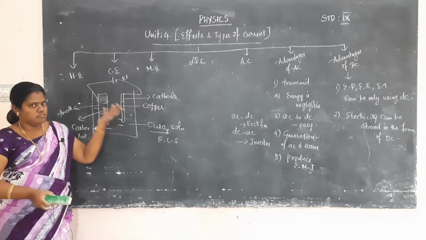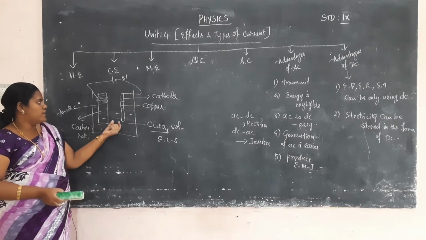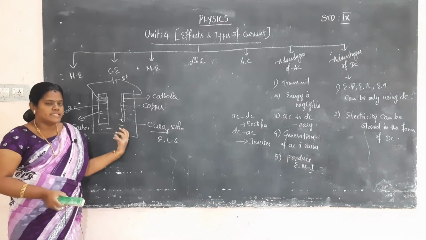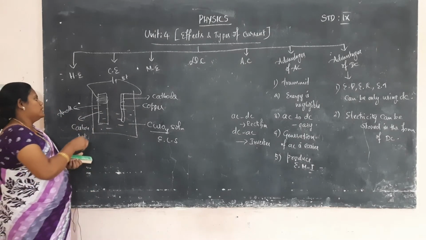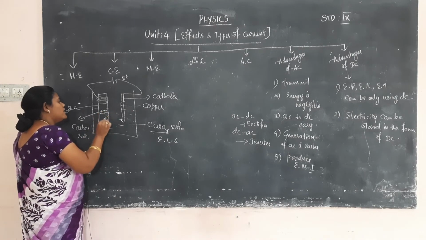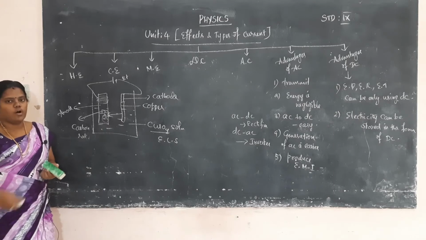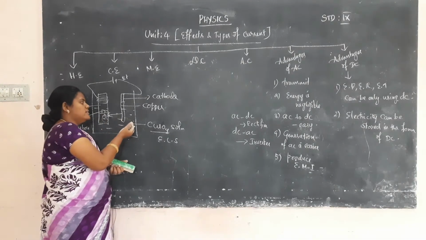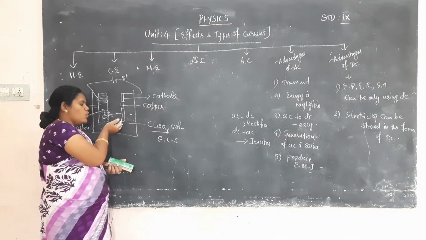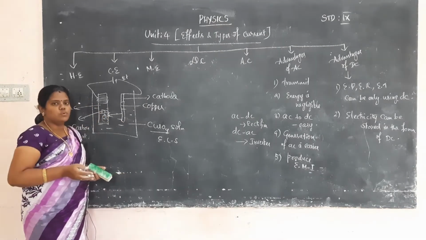After 10 minutes, you will notice that the copper dissolves, moves through the electrolytic solution, and is deposited on the carbon rod.